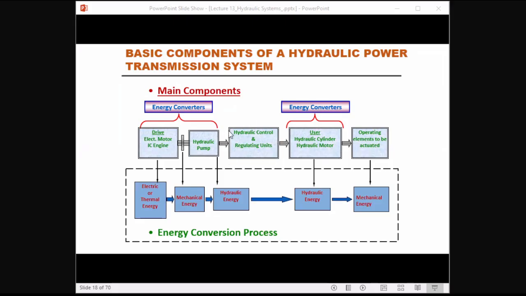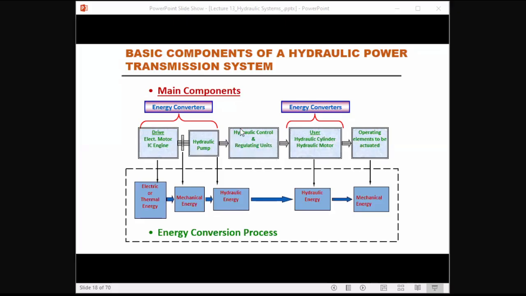In this unit, we can control flow rate, pressure, direction of hydraulic fluid. This unit helps to operate the system smoothly and safely.